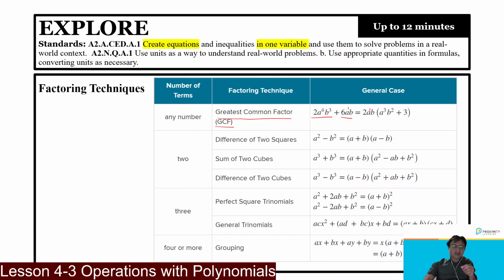Well, that left us with a to the 3, which is right here, but there was no a left over in this term. So we can see that there is no a left over here. But if I multiply this 3 back into 2ab, I would get 3 times 2, which is 6ab, which is right here, 6ab. So greatest common factor is a technique that is used extensively when factoring polynomials.